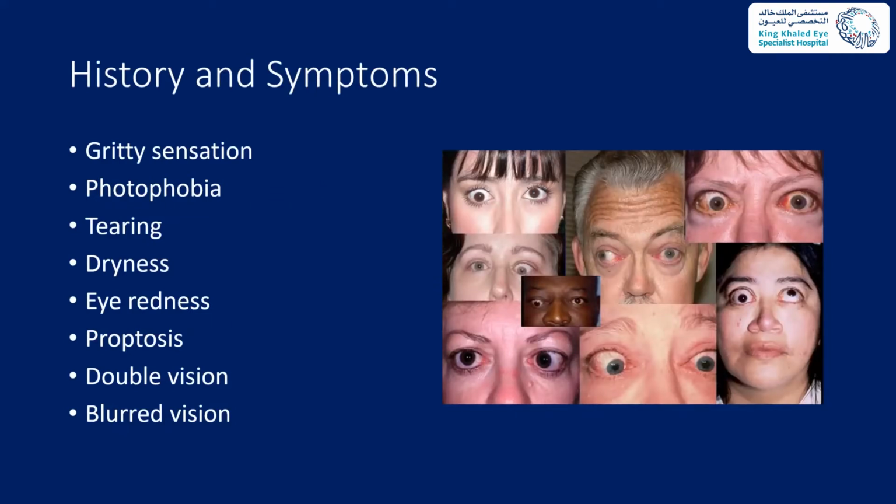These are the symptoms that you should be asking about with thyroid eye disease: a gritty sensation, photophobia, tearing, dryness, eye redness, proptosis, double vision, and blurred vision.